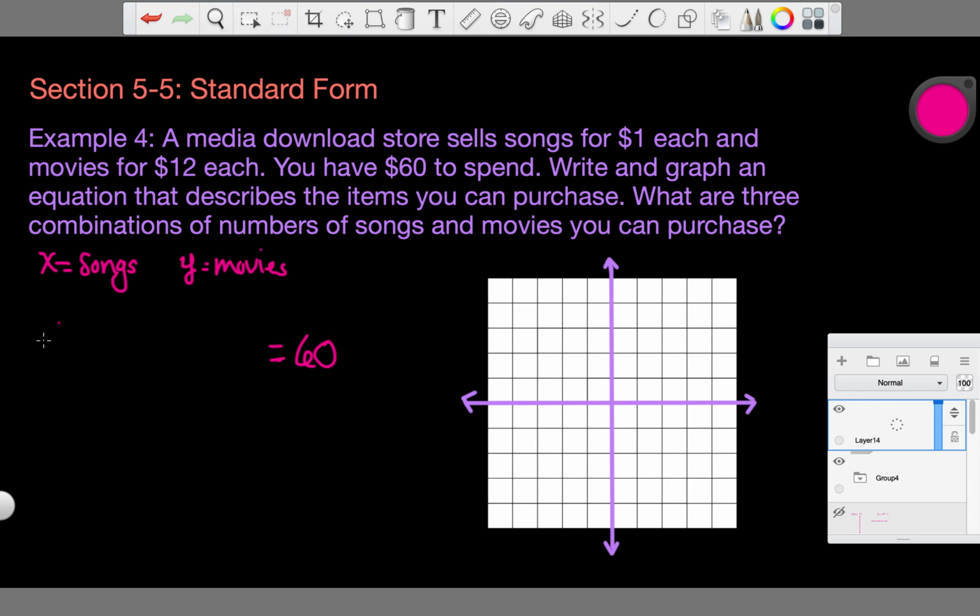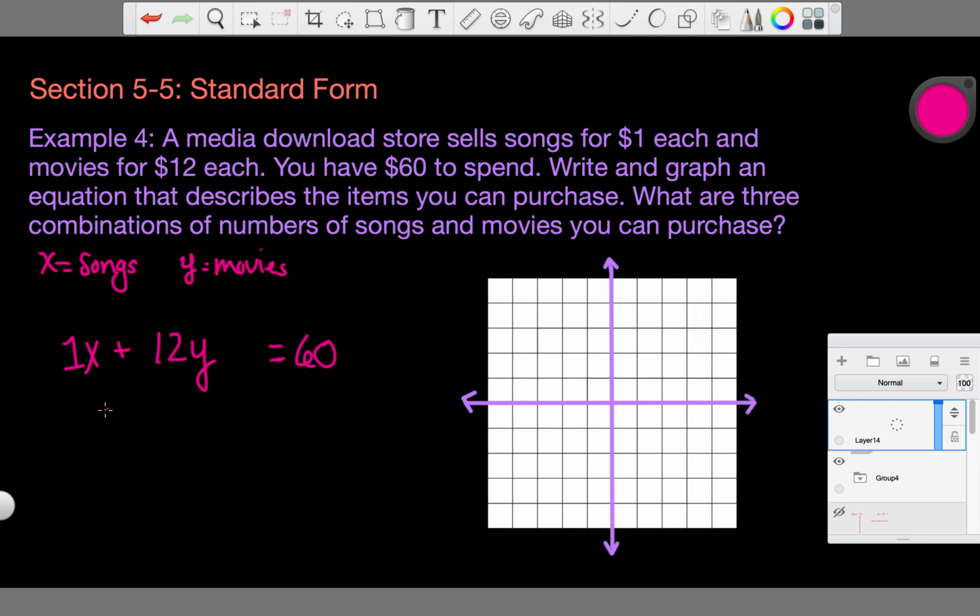So we need to add together the number of songs and their price to the number of movies and their price. So each song sells for $1. So X times 1 is the price of all the songs that you're going to buy. And then same thing goes for movies. They're $12 each, so you're going to multiply 12 to the number of movies you buy, and the total of those two are going to equal 60. So this is our equation.